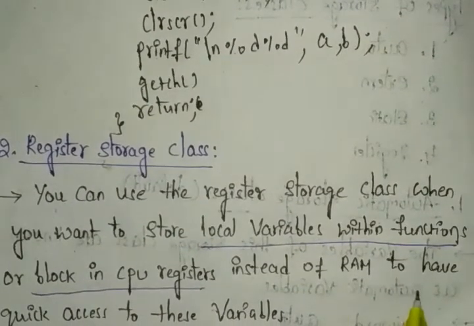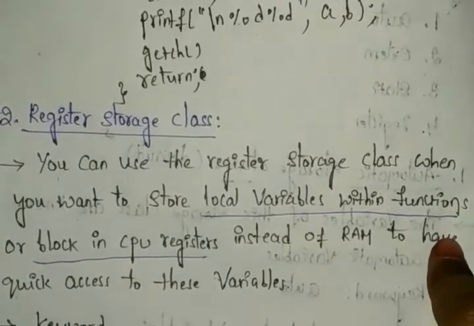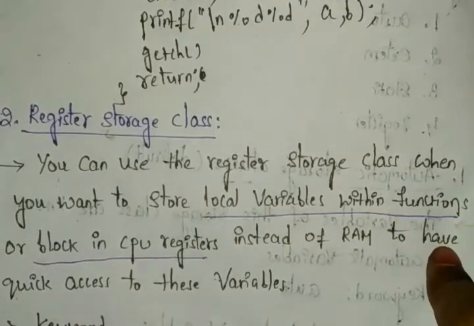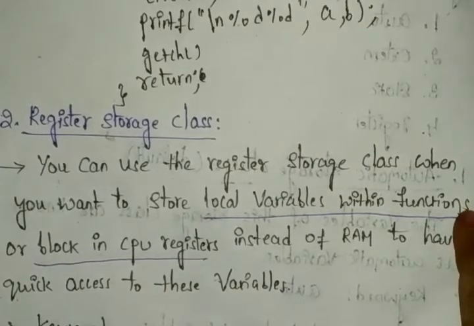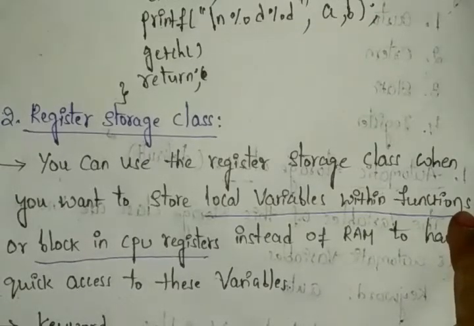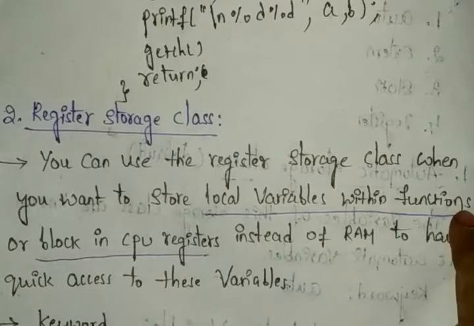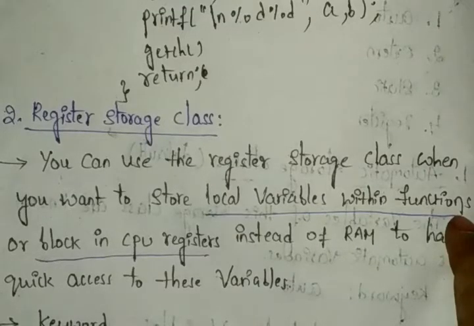Instead of the RAM, to have quick access to these variables. Without using the RAM, we store our local variables within the function directly in the CPU registers. For that case we use the register storage class, and these variables are limited to a particular block only.